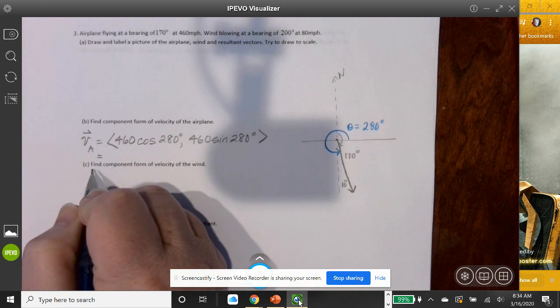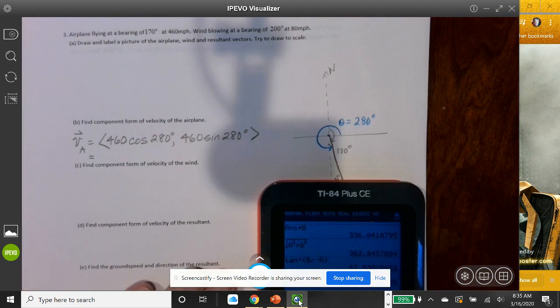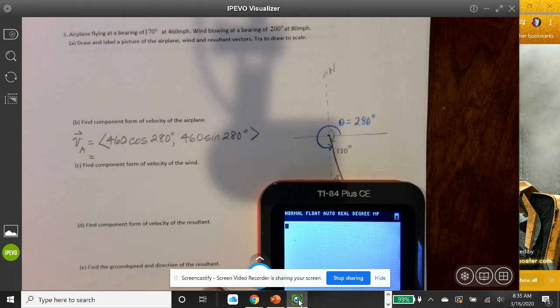I'm going to put this in vector form on the calculator: second curly brace, 460 times the cosine of 280, comma, 460 times the sine of 280, close second curly brace.